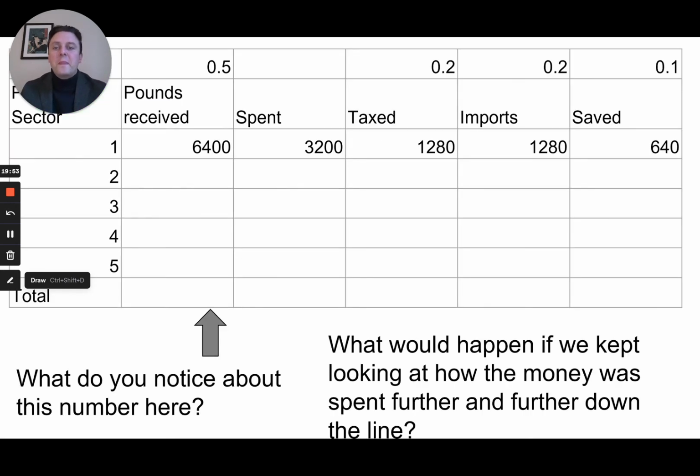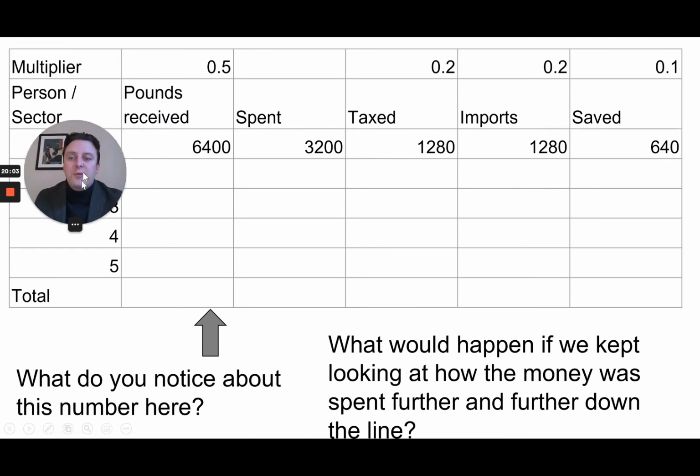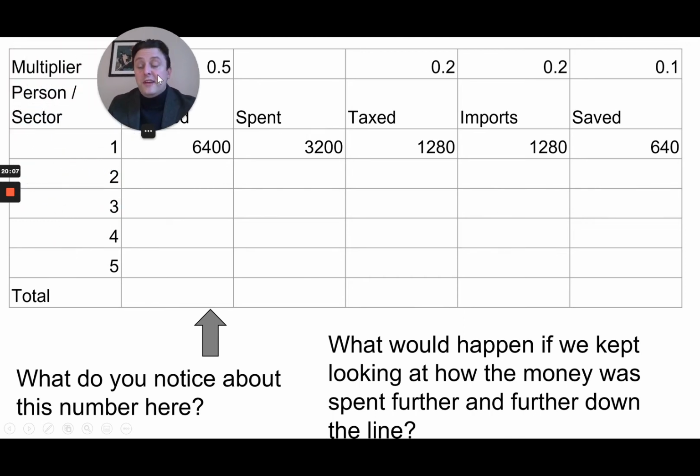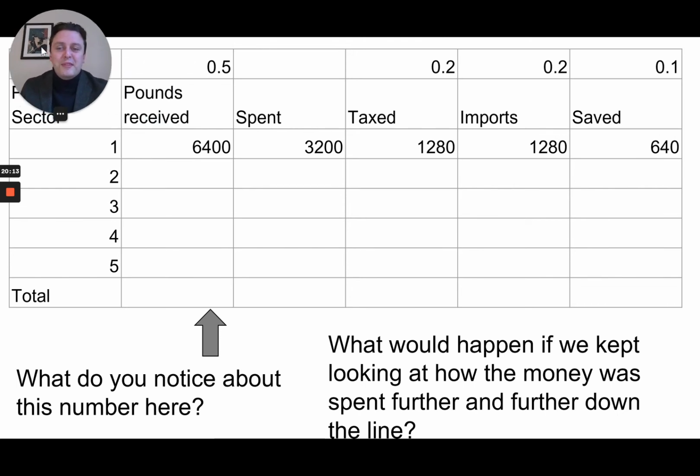So we'll take an imaginary economy. We've got here Econland. What I've done is put here the multiplier, and I've broken the economy down into 5 sectors or people. This could be an economy of just 5 people. It would be the same concept.